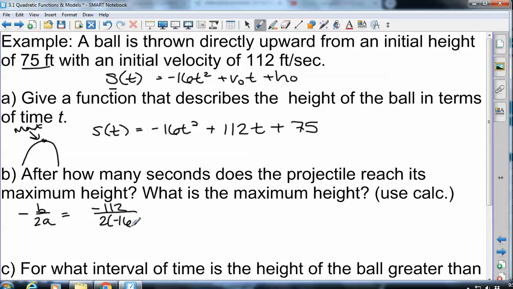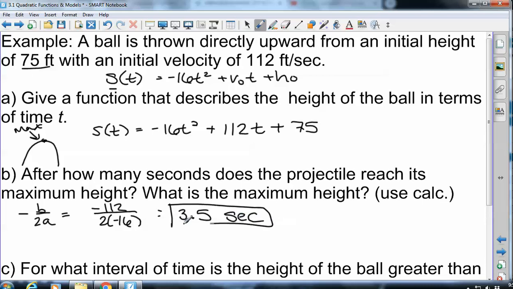So I get negative 112 over 2 times negative 16. That gives me 3.5. And then what do I need to do with that? Plug it in. So that answered the first question. After how many seconds do we reach its maximum height?